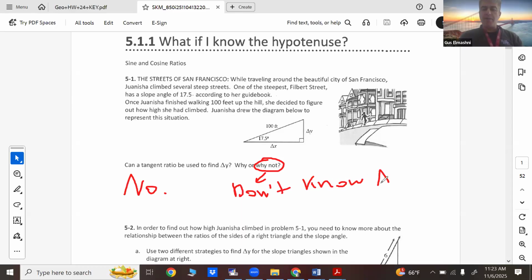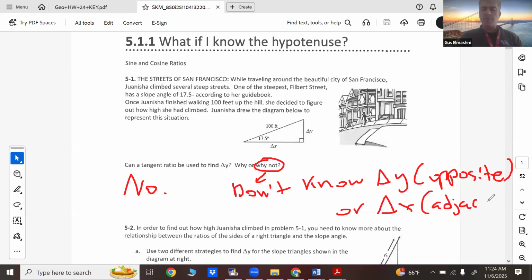You don't know delta y, which is the opposite, or delta x, which is the adjacent. You don't know that. So, okay.